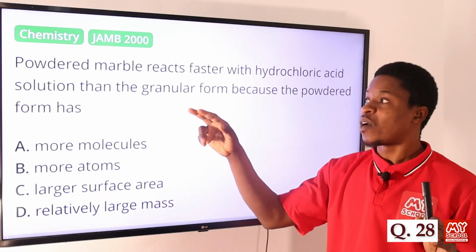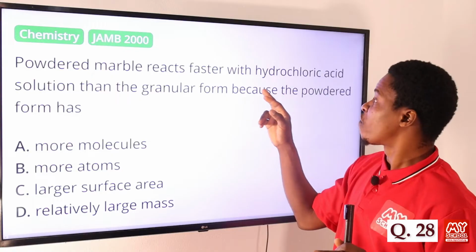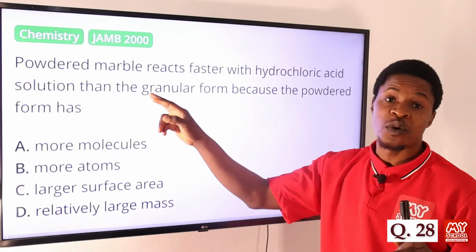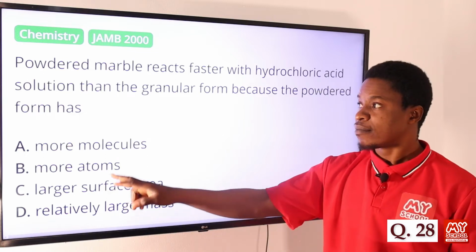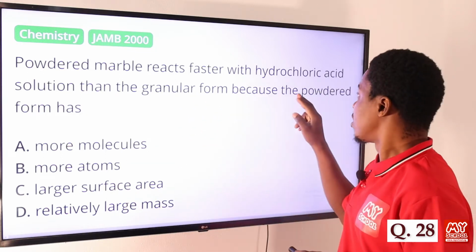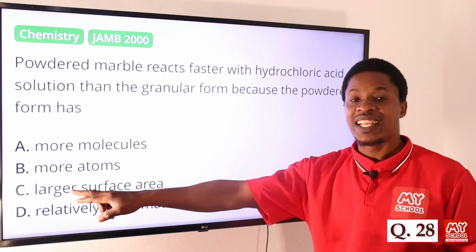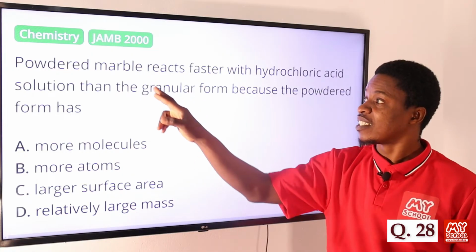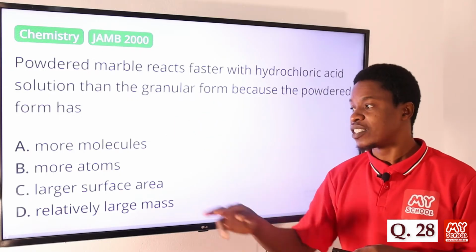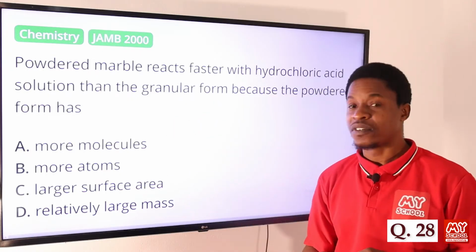Granular form. That's why this one has a faster reaction compared to the one in the granular. So the correct answer is option C. The reason is because the powdered form has larger surface area than the one that is in granular form. So the correct option is option C, larger surface area.